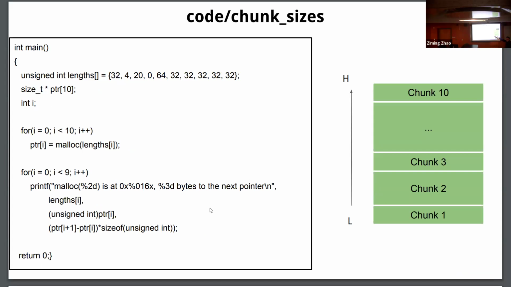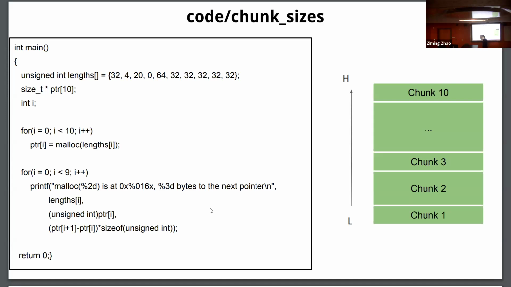We are requesting 10 memory or malloc chunks. What will happen is they will be allocated one after another. They do not have the same size, but they will be allocated one after another. Even if you go for even bigger ones, they will be one after another. If it's huge, it could be a different story.